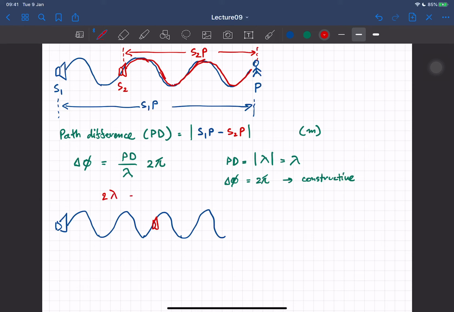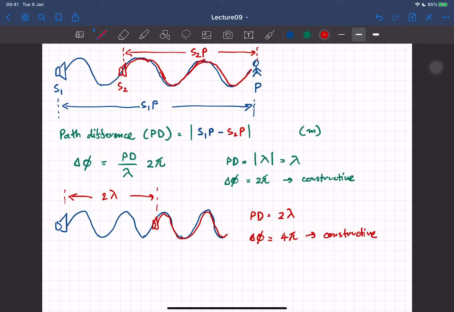You move by 2 lambda. And the wave coming out is still in phase, right? So in this case, PD is 2 lambda. The phase difference is 2 lambda over lambda times 2 pi, so it's 4 pi, which is still a multiple of 2 pi, so you still get constructive interference.